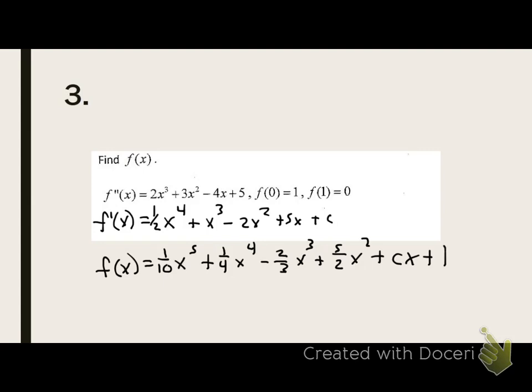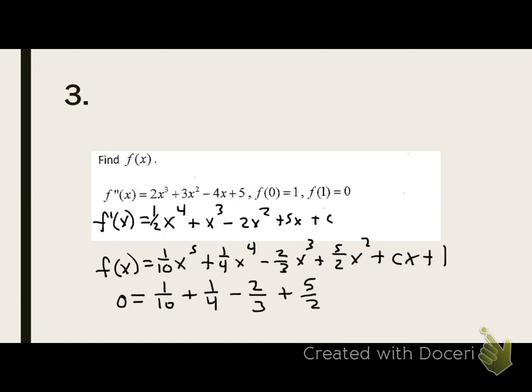Then I can use the f of 1 to find c. This is going to be kind of ugly, isn't it? So 0 equals 1/10 plus 1/4 minus 2/3 plus 5/2 plus c plus 1.